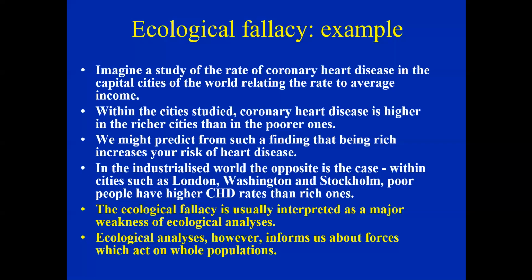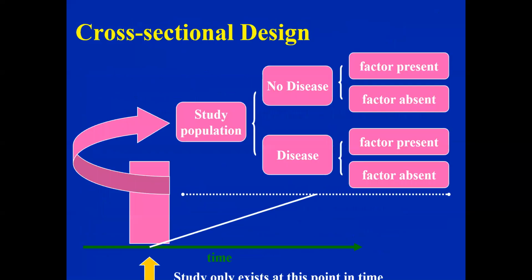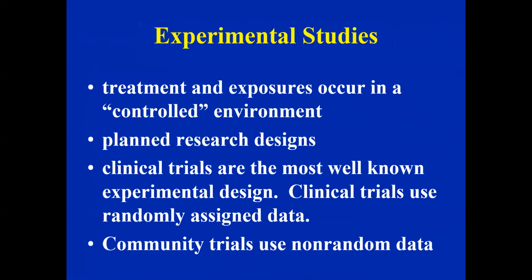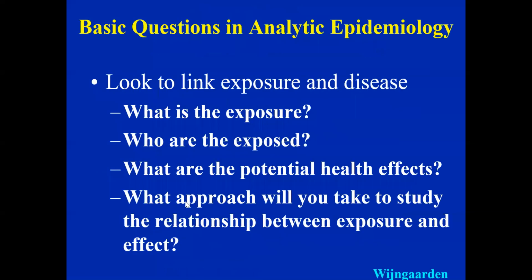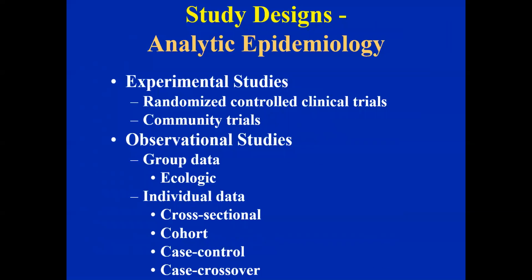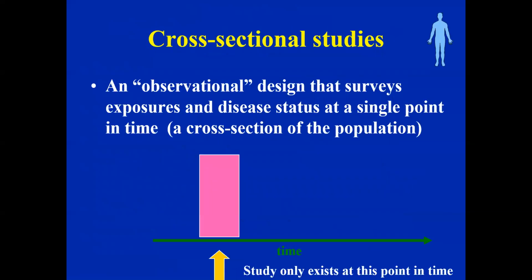I will record another one where we discuss the remaining parts of the analytic studies. So in this one, we've focused on cross-sectional studies, where we discussed what cross-sectional studies are.